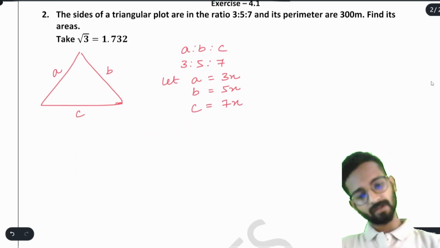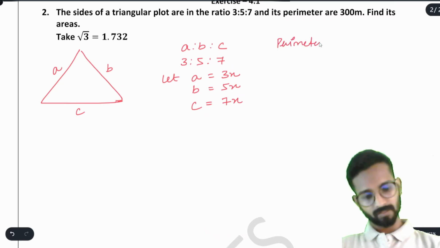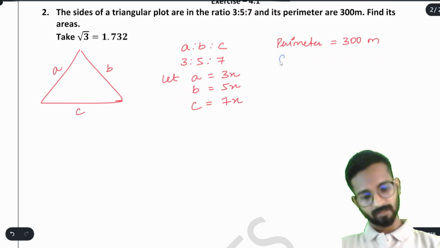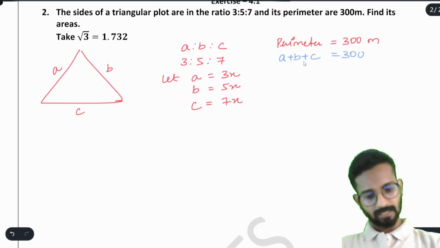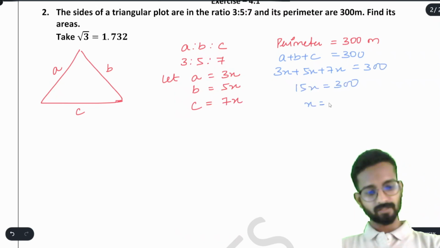Now how much is the perimeter given already? You will say, sir, perimeter given is 300 meter. So I can say perimeter is nothing but A plus B plus C, and that is 3x plus 5x plus 7x is equal to 300, or you can say 15x is equal to 300, x is equal to 20.